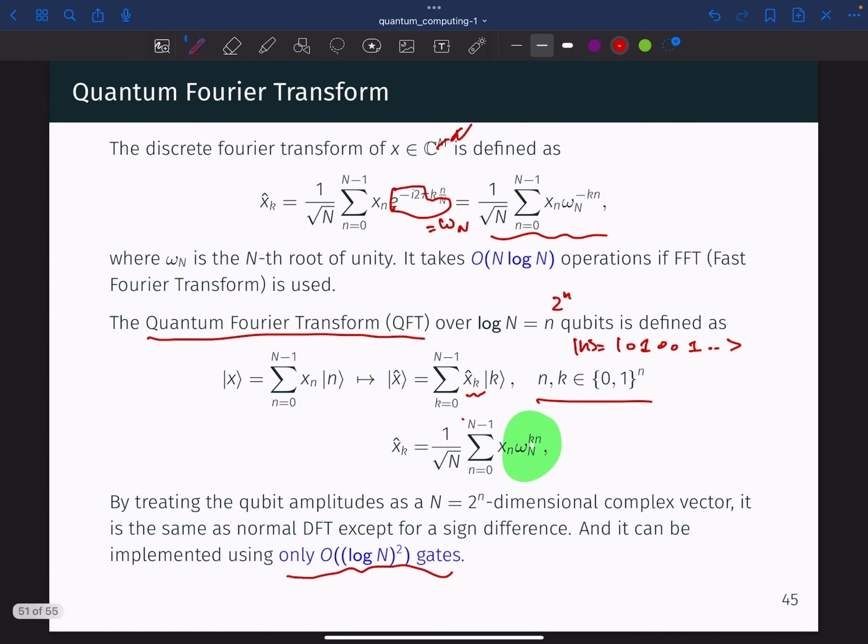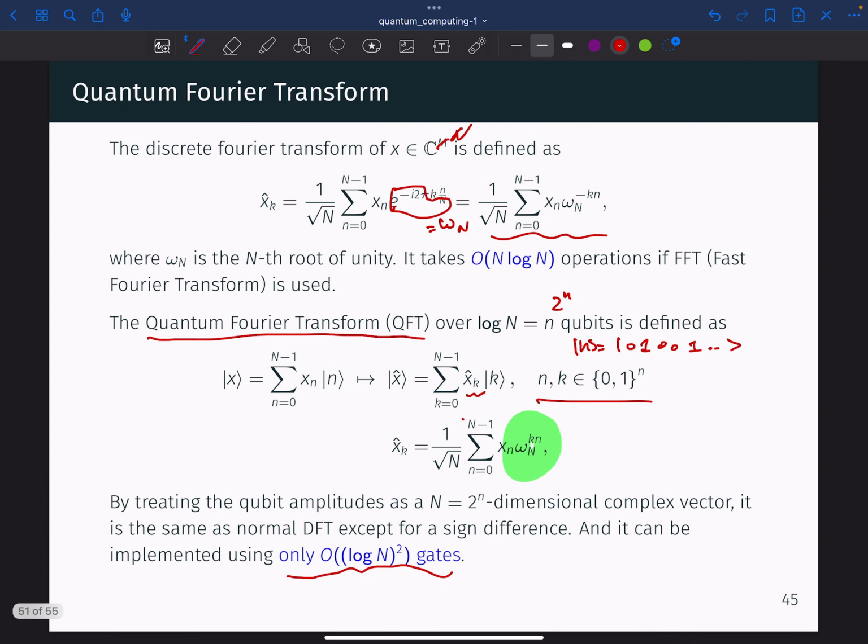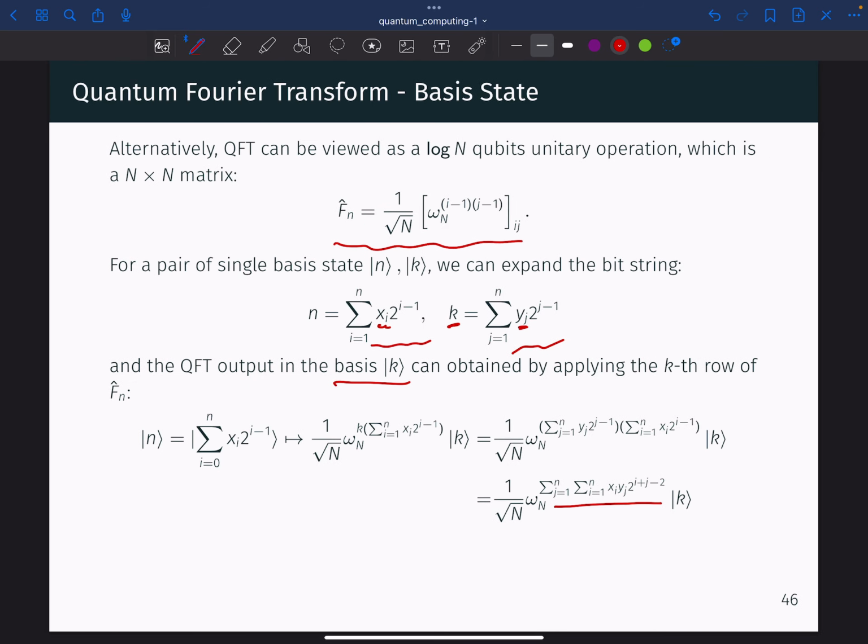Instead of writing kn, we expand it using this binary expansion, and we can write the exponent as such. So if each nk term has this structure, then we can be convinced that our operation is correct.